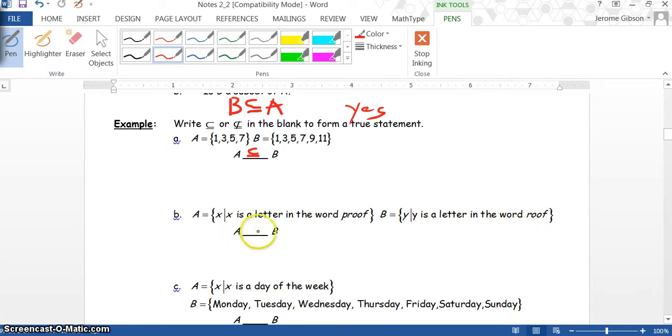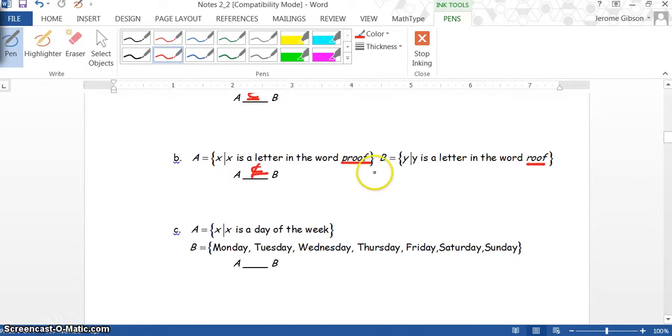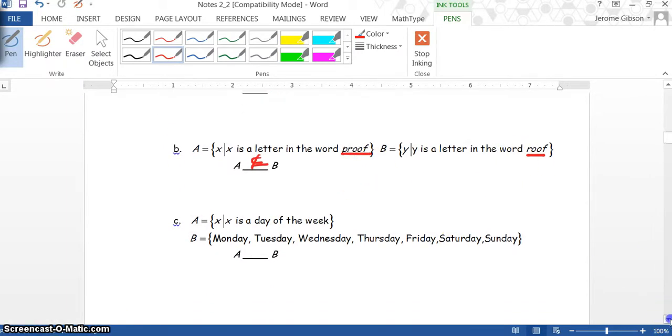Okay, now if you look here, the word proof has an extra letter over roof. It has a P and roof does not. So that means A is not a subset of B. That's because it has more letters in this word than B does. Well, I should say more matching letters.